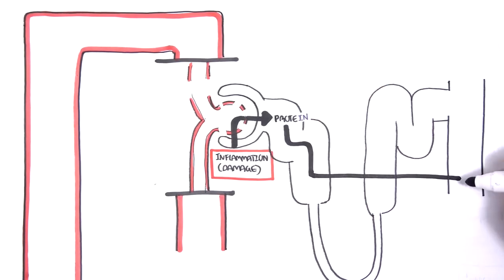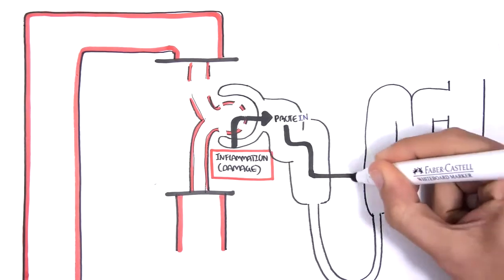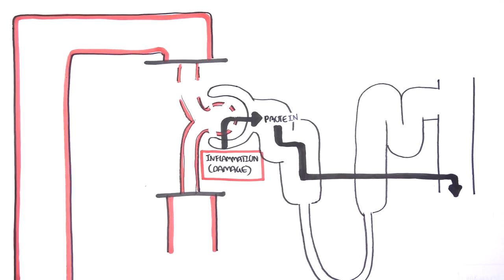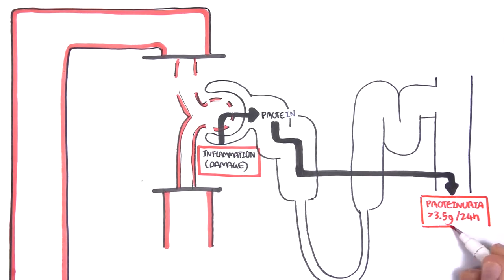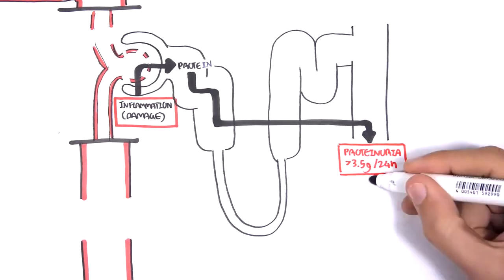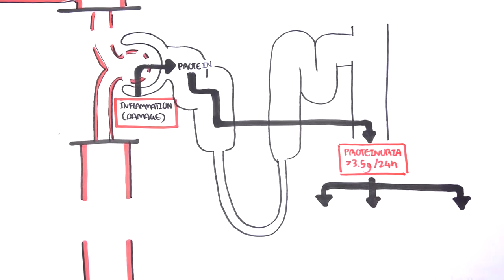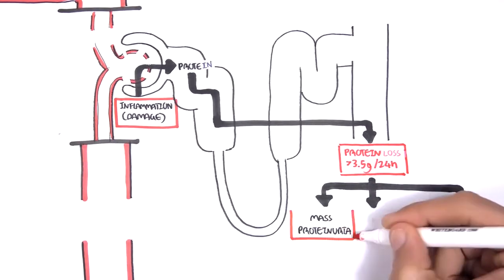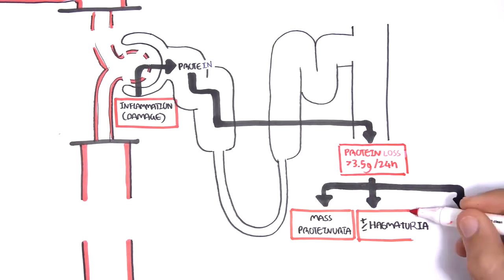And so the protein travels through the nephron's tubule and will be part of urine. And nephrotic syndrome is characterized by protein loss of more than 3.5 grams in 24 hours. This loss of protein results in mass proteinuria, with or without hematuria, which is blood in urine.